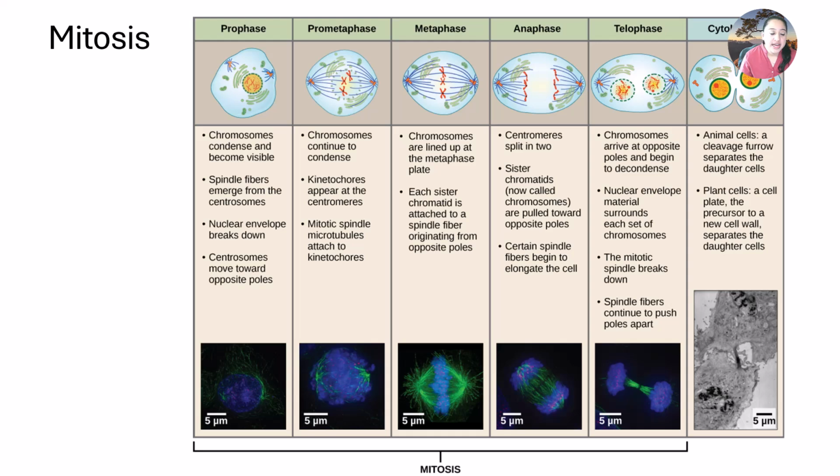Spindle fibers kind of start forming a little bit early, but in metaphase is when they grab on. So the spindle fibers start emerging. The nucleus starts breaking down because you don't want a nucleus in the way. You want to be able to cleanly divide up the cell contents and the chromosomes.